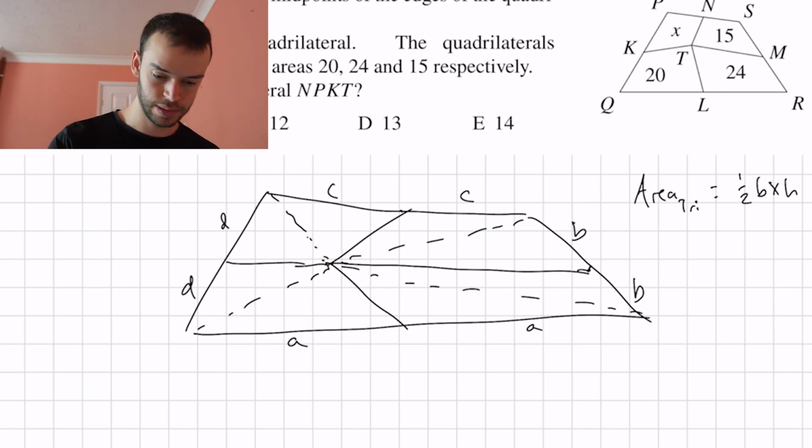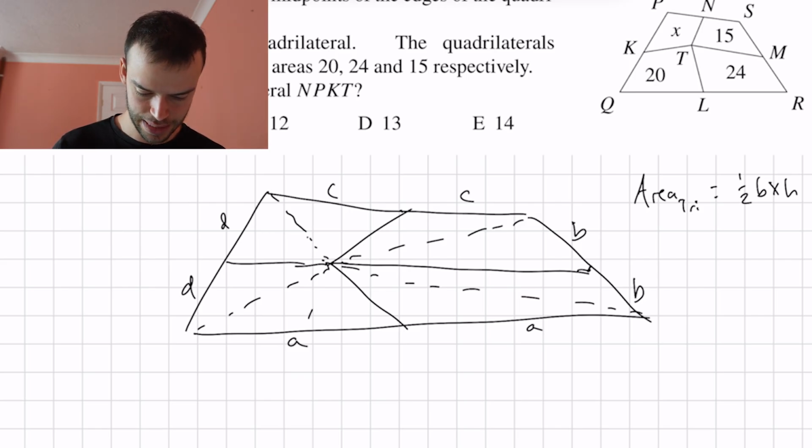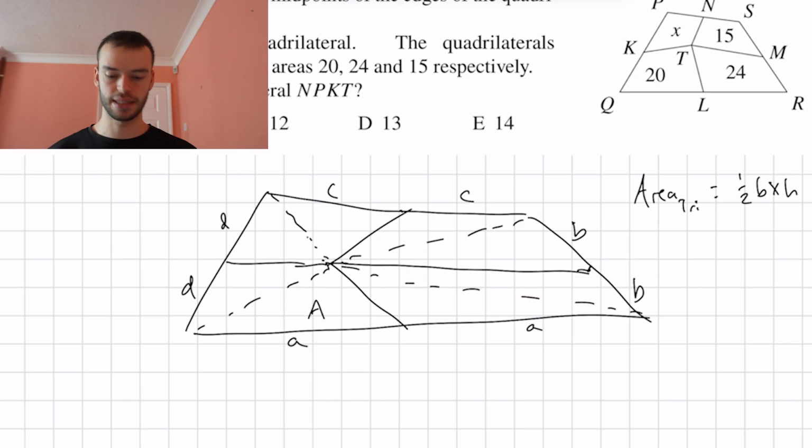Cool. So that means that this area here, let's just call it capital A, will be the same as this area, capital A. And I can use that same logic for all these other triangles.